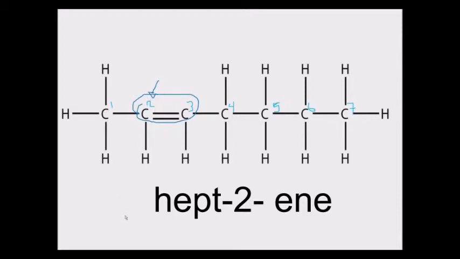And the double bond is in carbon number 2. So this means that we're going to have hept-2. And because all the alkenes end with -ene, this is going to be hept-2-ene. That means we have a chain of 7 carbons that has a double bond at the second carbon.